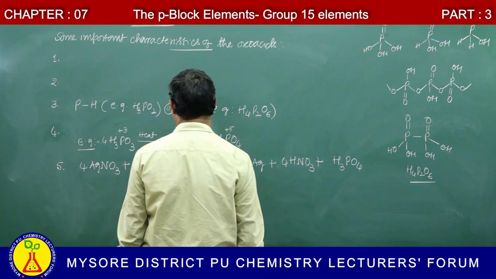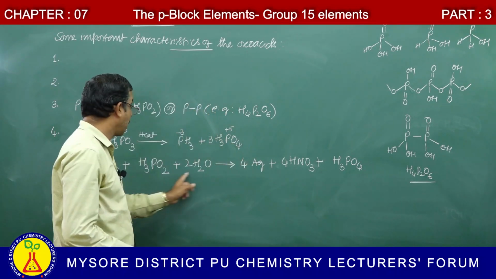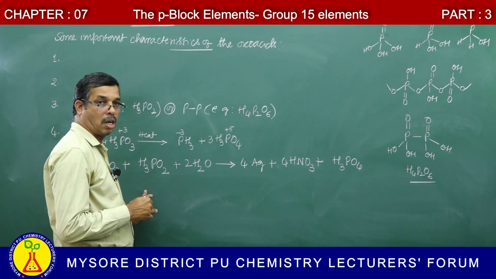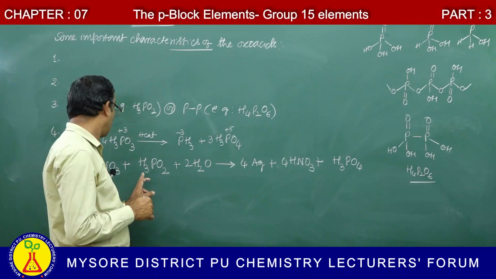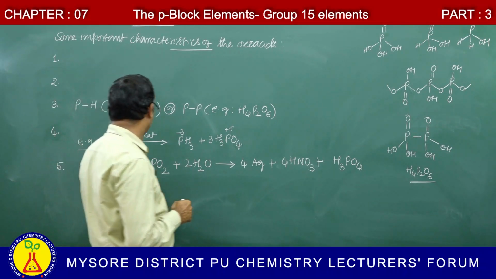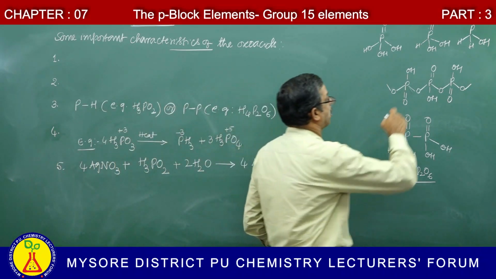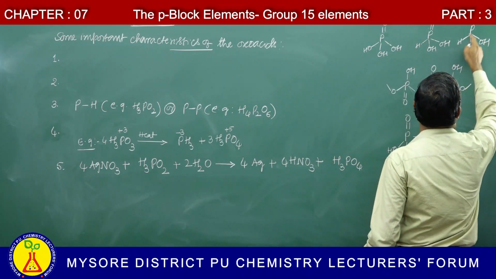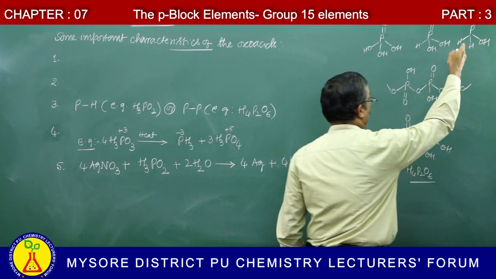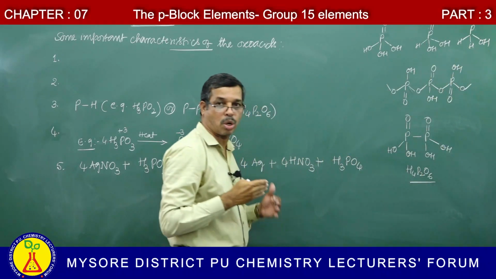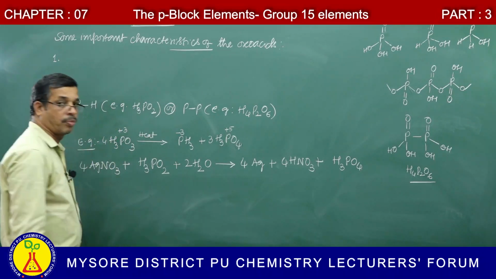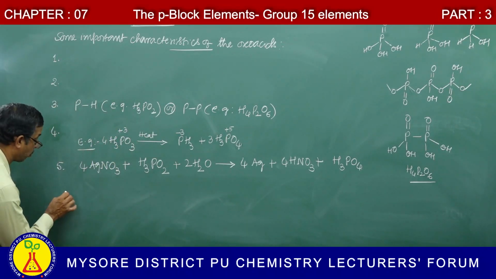Okay. This reaction is an example of the reducing nature of oxoacids of phosphorus, particularly hypophosphorus acid H3PO2. Look at the structure. Here there are 2 P-H bonds. Hence, H3PO2 is a strong reducing agent. Okay.